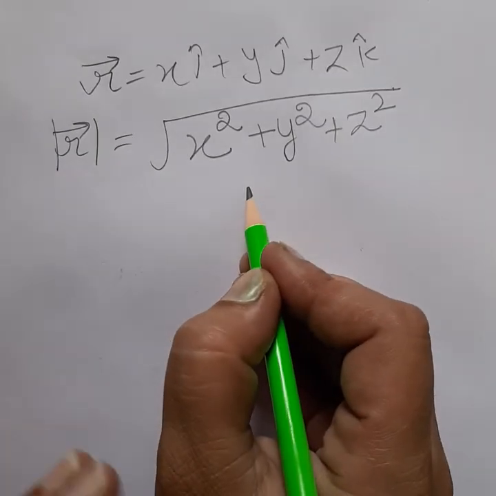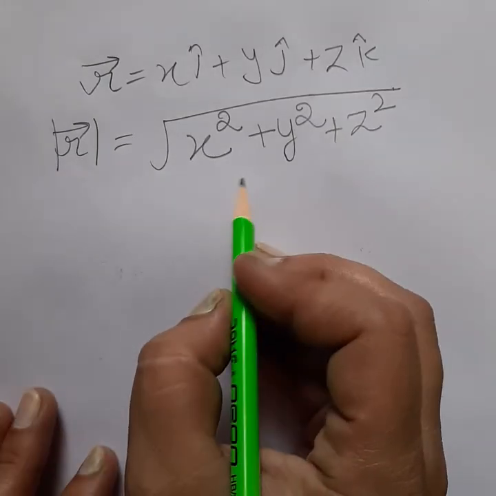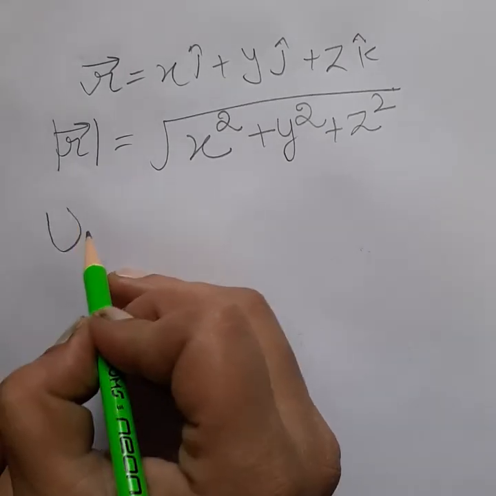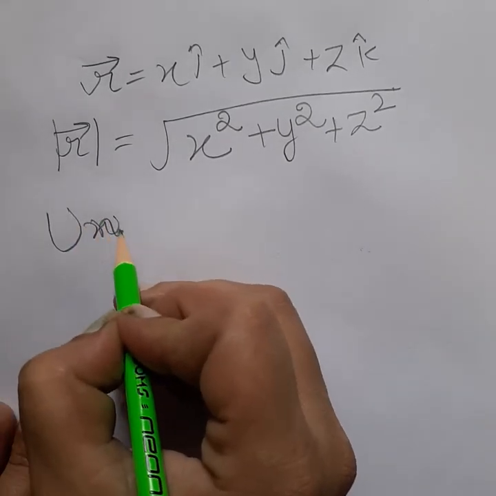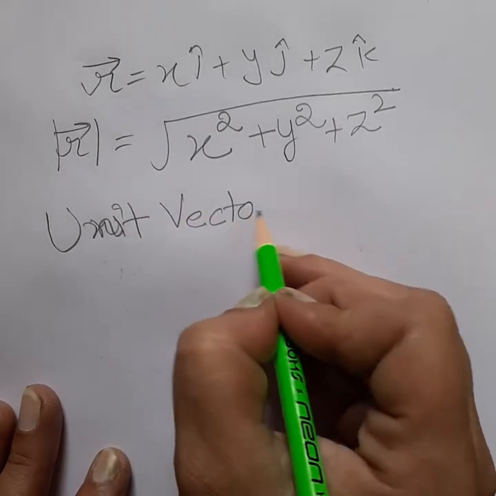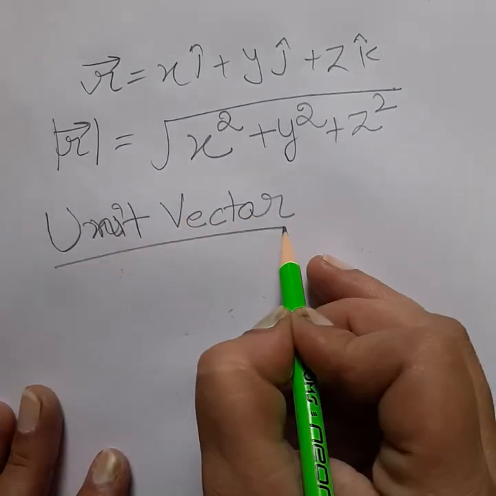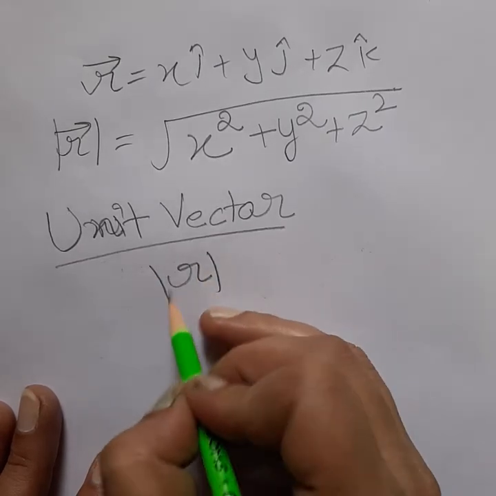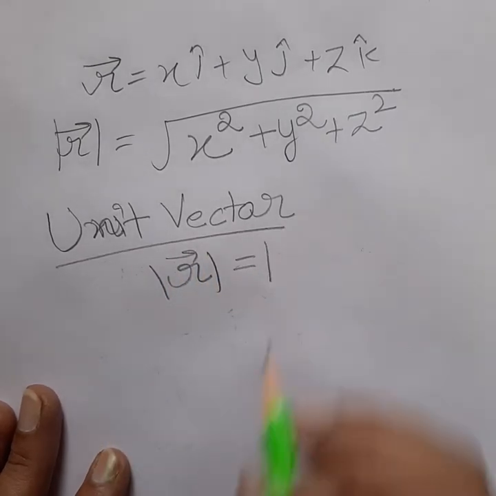Now we are moving on to our next topic, that is unit vector. As its name indicates, a unit vector is a vector whose magnitude is equal to 1.